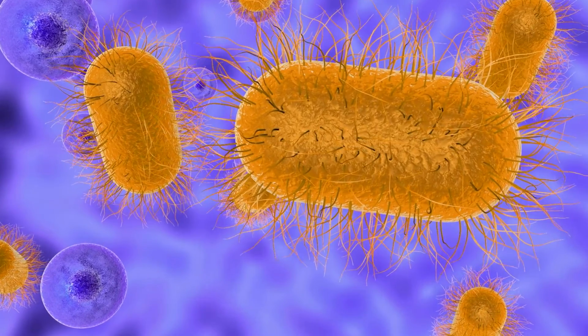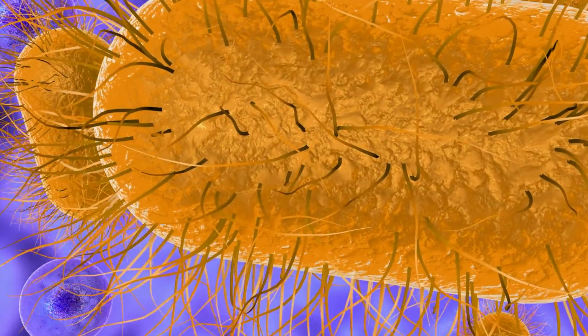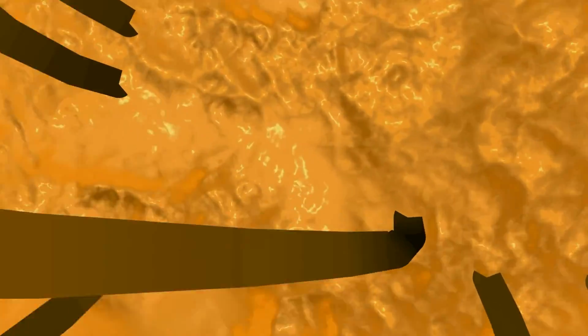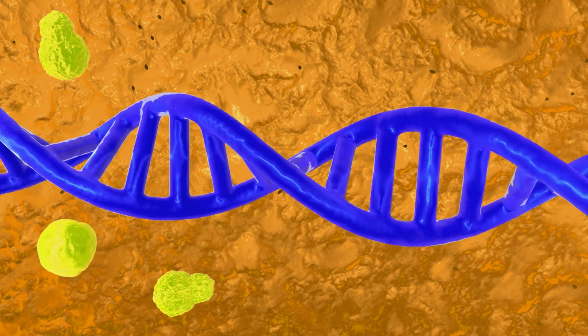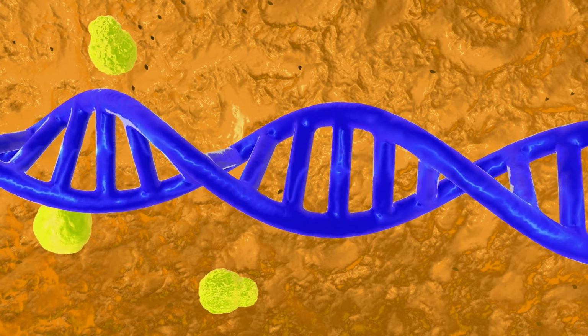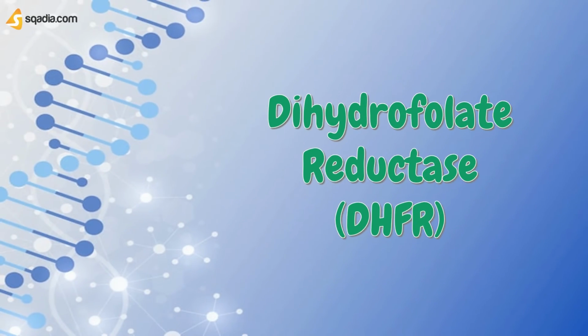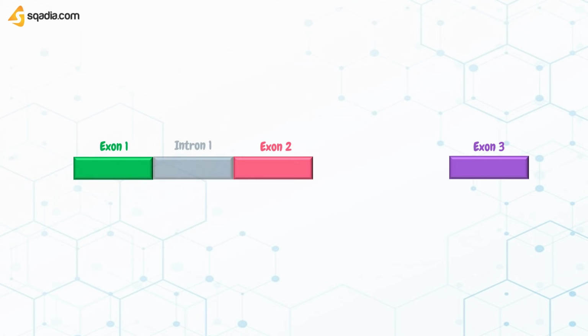Some interrupted genes have only one or a few introns. Most of the variation in the lengths of different globin genes results from length variation in the second intron. Let's understand it using the example of the enzyme dihydrofolate reductase. Although intron lengths vary, the first intron is always fairly short, and the second is usually longer. Most of the variation in the lengths of different globin genes results from length variation in the second intron.